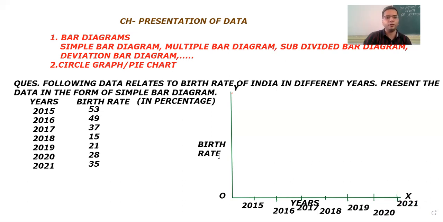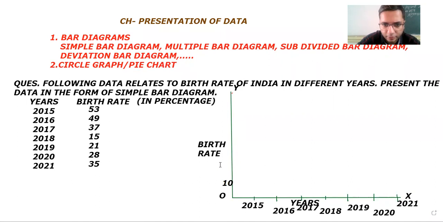Now, if I look at the birth rate, which is the least percentage? The least percentage I can see is 15. And what is the maximum percentage I can observe? The maximum percentage is 53. है ना? So what I can do, take the gap of 10, एक काम करते हैं 10 का gap ले लेते हैं. ये मैंने लिया यहाँ पे 10, ठीक है.